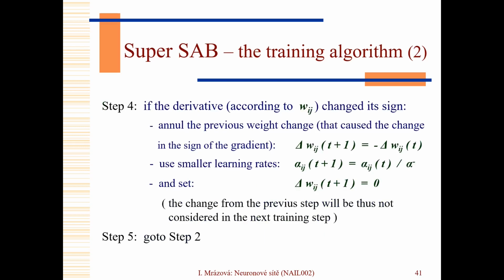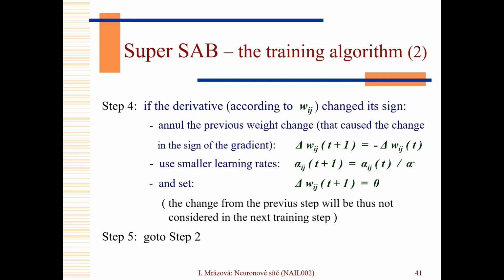In step 4, we shall consider the cases where we just overshoot the weight adjustment and missed the underlying local minimum. So if the derivative of the error function with respect to the particular weight wij changed its sign, then we shall annul the preceding weight change. So we should kind of go back from the wrong step, and in our case this would mean that we would end up in the weight point where we started to make the not good change.